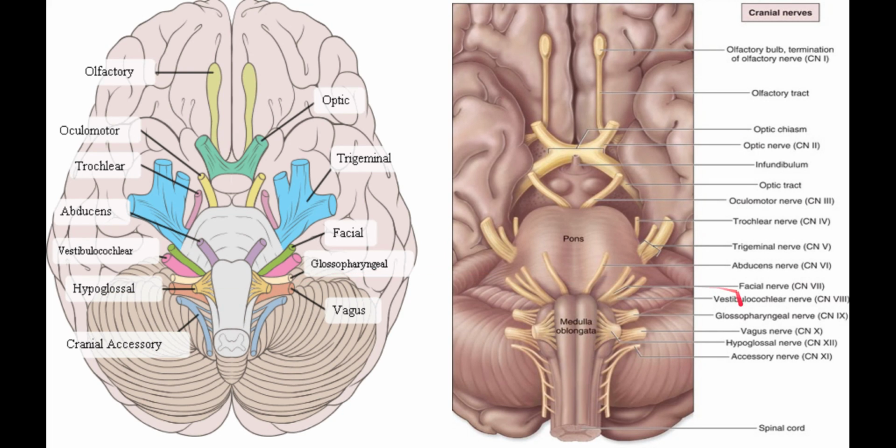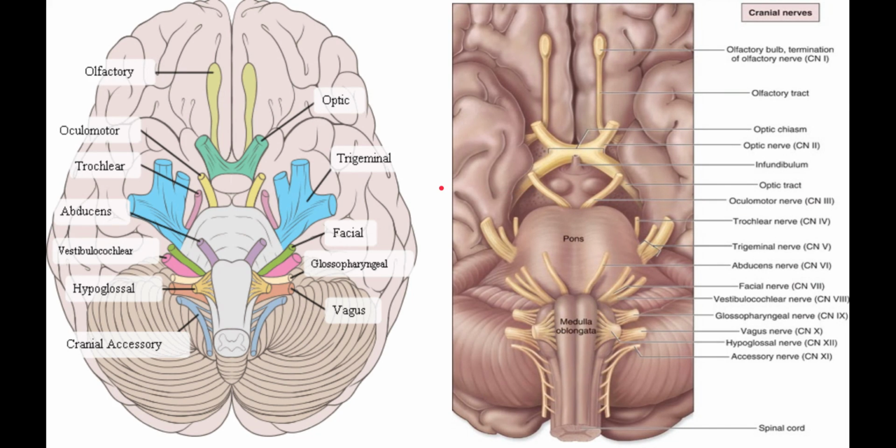If this image looks better to you over here, you can use this one as well. You need to know all of the names of these. I won't ask you which one is cranial nerve 3. It'll be like, where is the oculomotor nerve? I would give you this and ask you which one is that one.